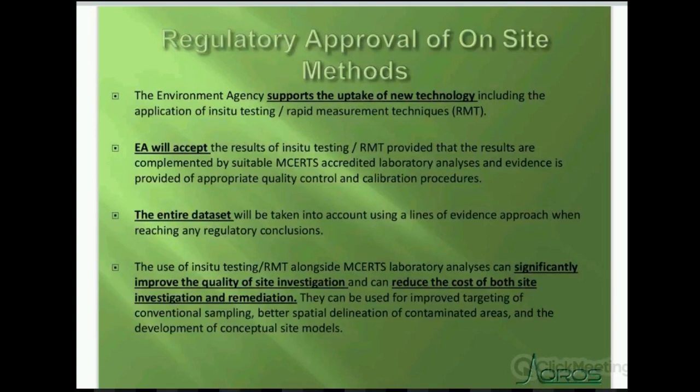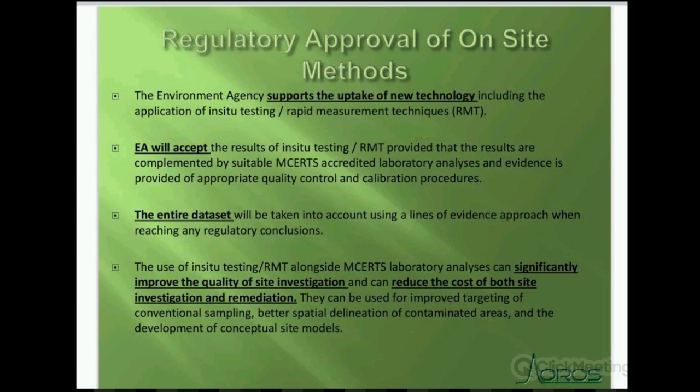But the EA will take the entire data set into account, and they will use a lines of evidence approach when reaching a regulatory conclusion. And you may get a situation where all 10 on-site analysis results for hydrocarbons say there's not a lot of hydrocarbon, but the MCERTS result comes back and says there's lots.